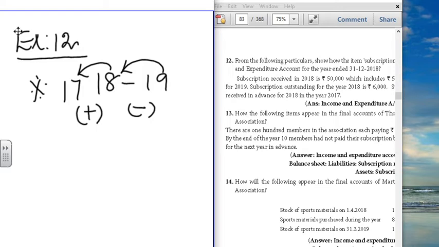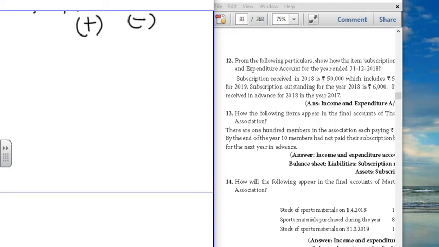Let us move on to problem number 12. From the following particulars, show how the item subscriptions will appear in the income and expenditure account for the year ended 31/12/2018. You know one piece of information is that subscription will arise only on the income side.